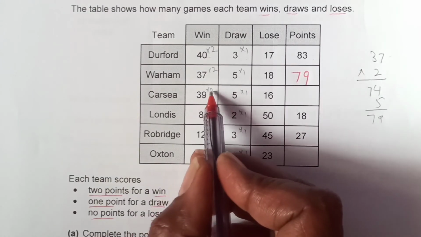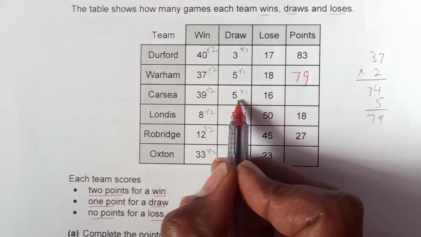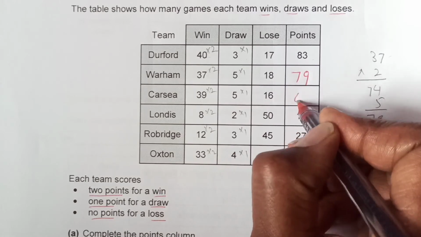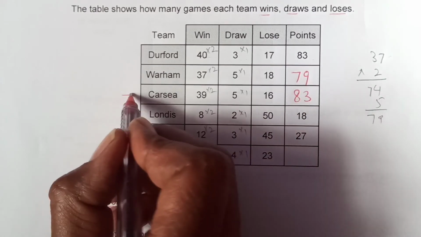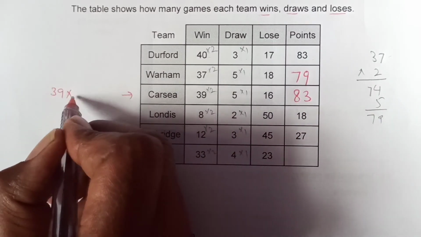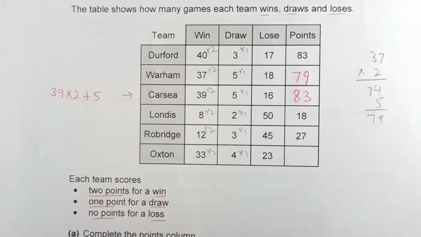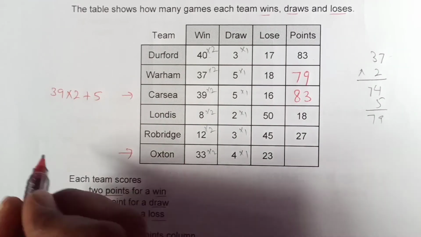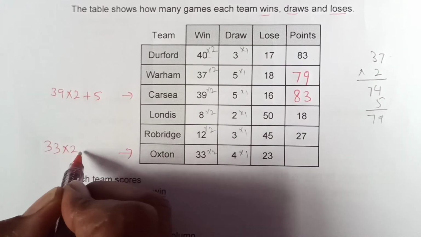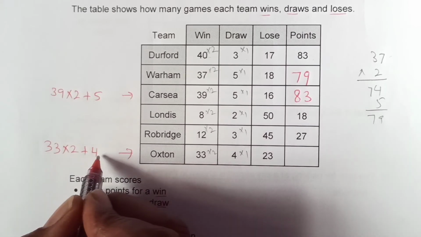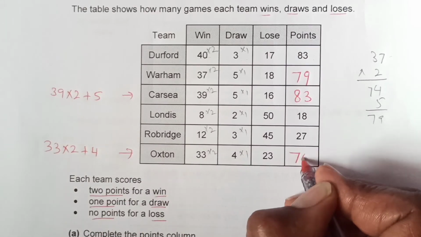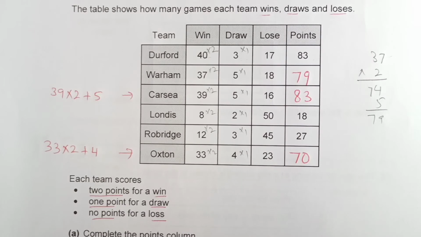Similarly, 39 times 2 plus 5, it gives you 83. So this one is 39 times 2 plus 5. Okay. Now this one will be 33 times 2 plus 4. 66 plus 4, it is 70. So we have completed the points column in the table.